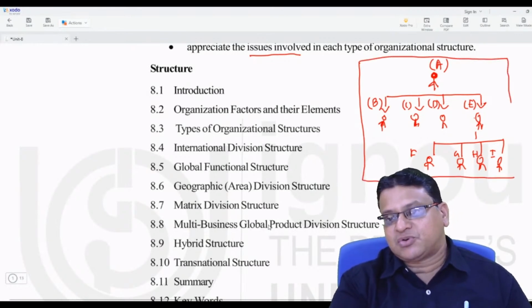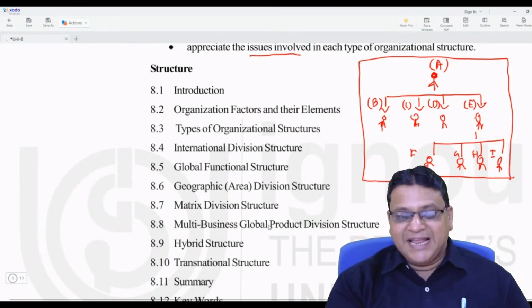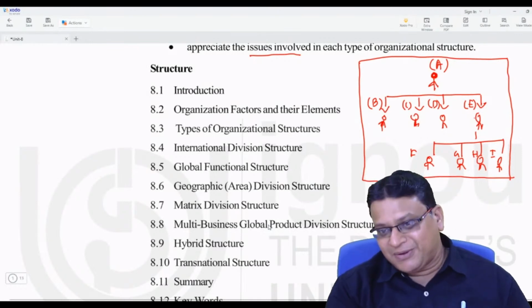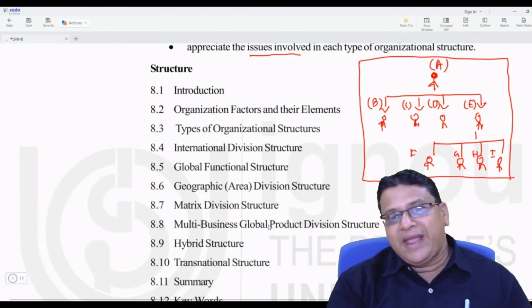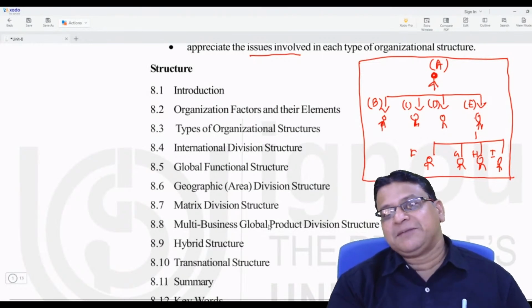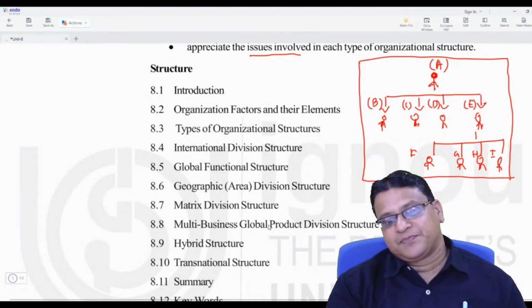So organizational structure simply means the line of authority of the organization, the arrangement of people in the organization, and the way the work flows, which is depicted through it.